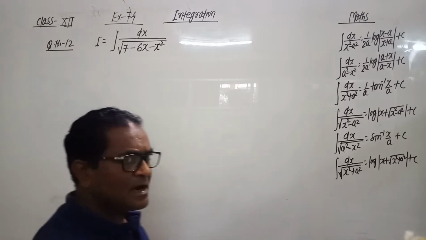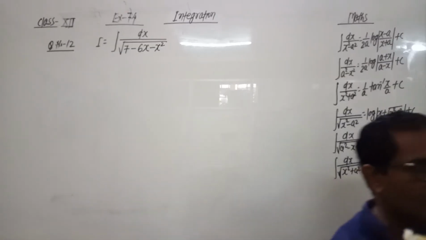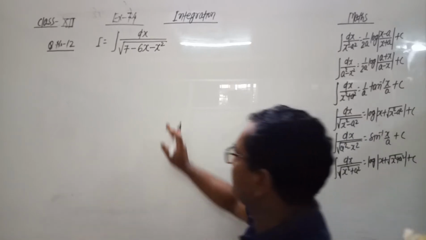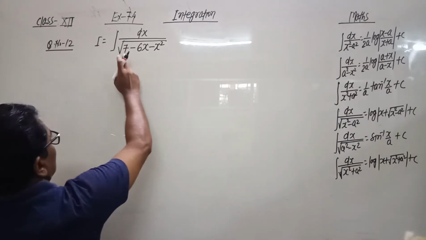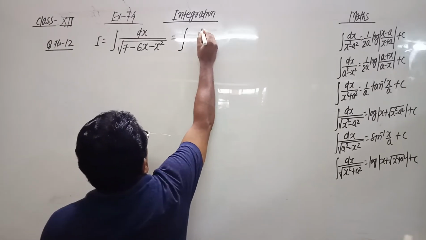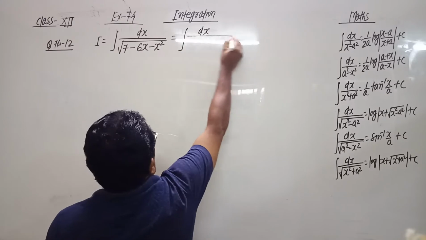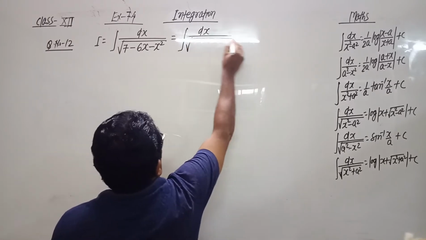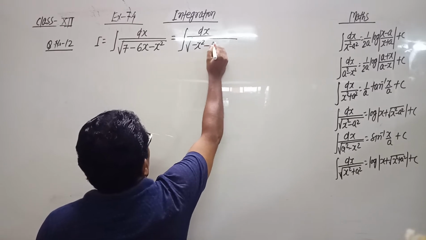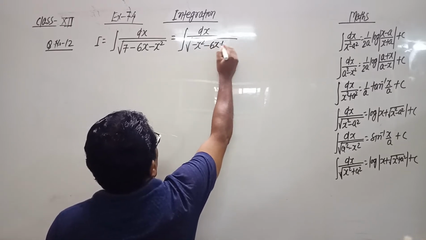So the term containing x square must be written first. So we write x square in the beginning. So integration dx upon under root of minus x square, then minus 6x and plus 7.